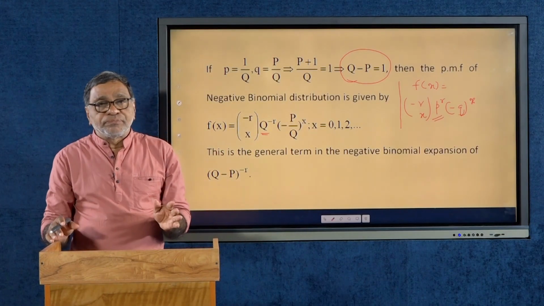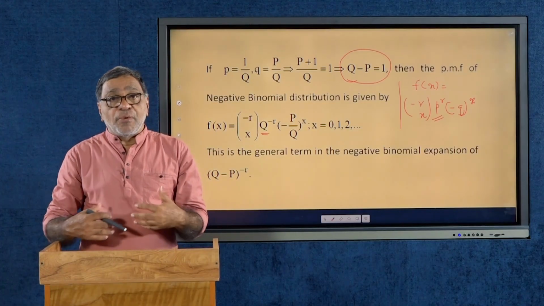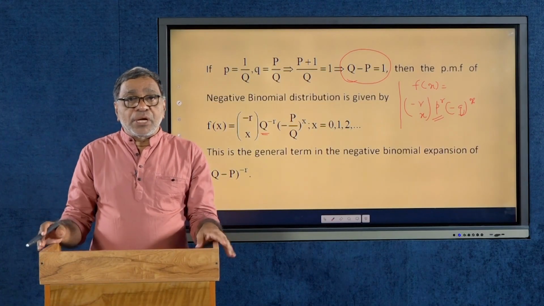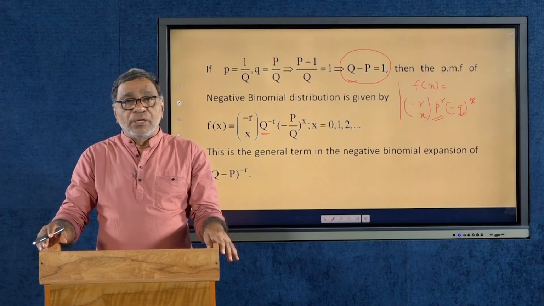So we have another form of the probability mass function of the negative binomial random variable.